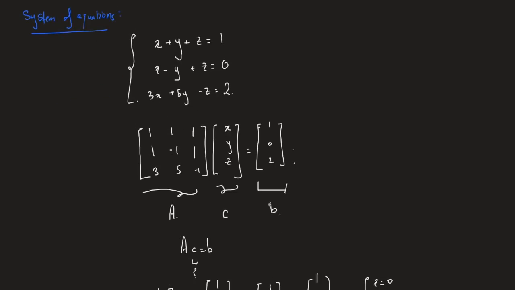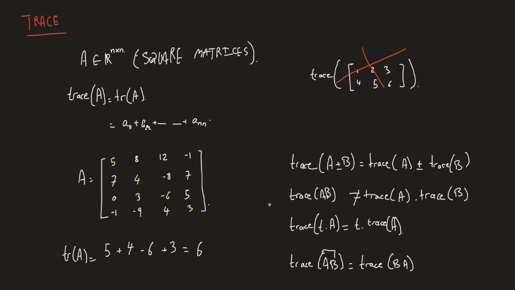A small interesting example was given on how to translate a system of equations into matrix multiplication. Last but not least, we introduced a very well-known operator done on square matrices, that is the trace operator, how to compute the trace of a matrix, and some of its well-known properties.